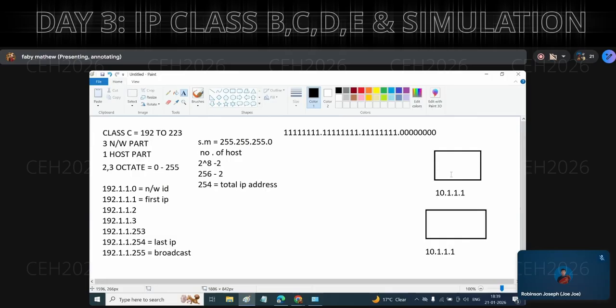Then what happens? In this machine also and in this machine also, it automatically shows that the same IP address exists in the network. The message would be shown up, first thing.